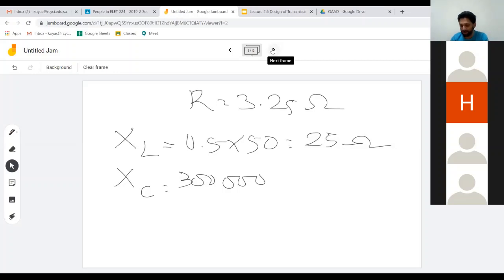What you have to do is divide by 50. 300,000 divided by 50 is 6,000, right? So you got R, XL, XC.